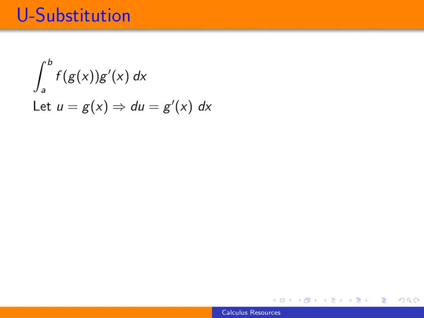When we do so, we obtain du equals g prime of x times dx. Notice now, with both of these substitutions, I can see that u will go right there for g of x, and du is exactly that g prime of x dx. So we get a new integral that's a du integral.